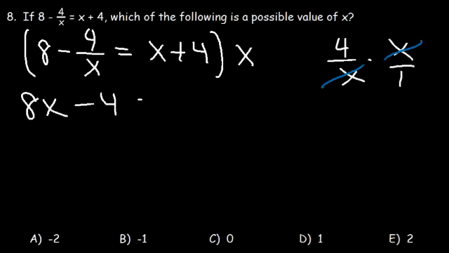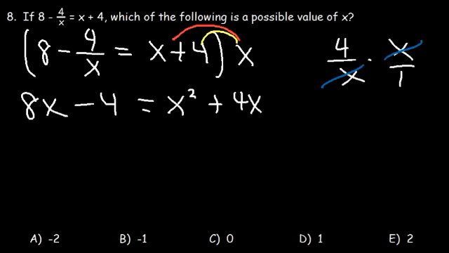So we're just going to get negative 4. And then x times x is x squared, and x times 4 is 4x. Whatever you do to the left side, you have to do the same thing to the right side. So we can't just multiply one side by x and not do the same for the other side. So this is what we now have.